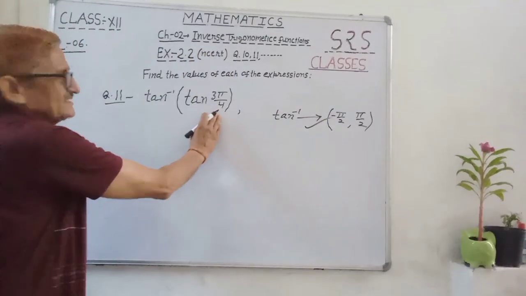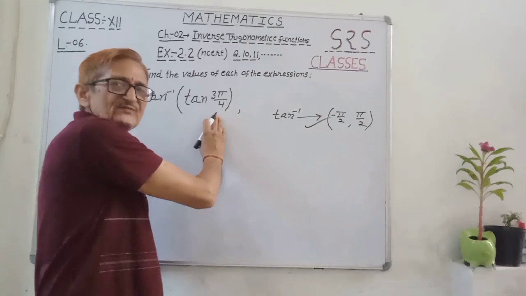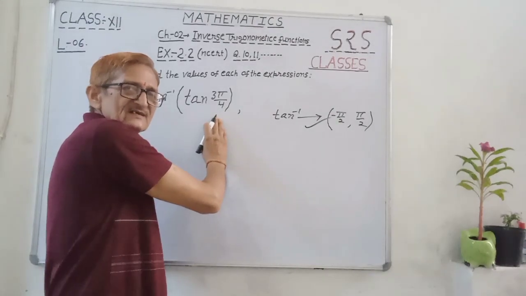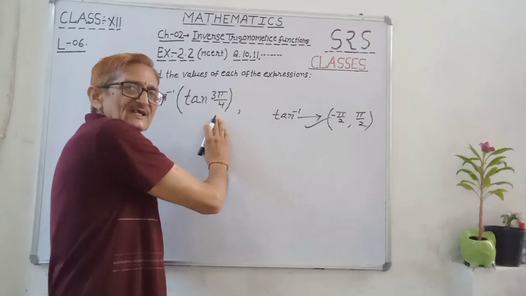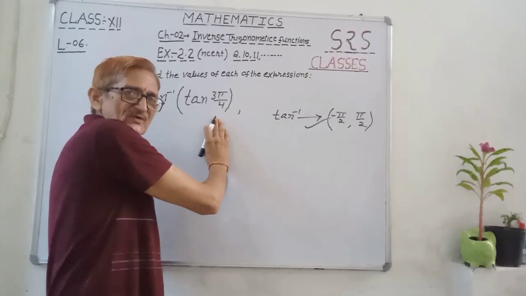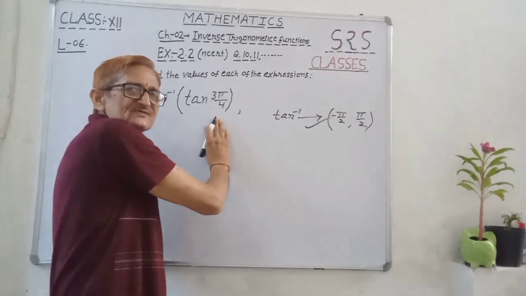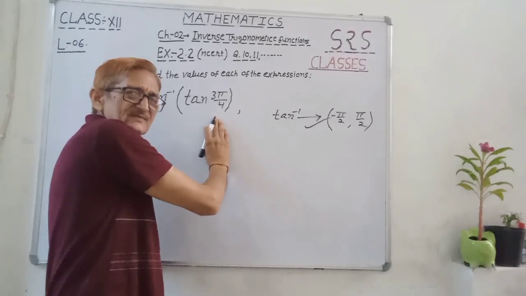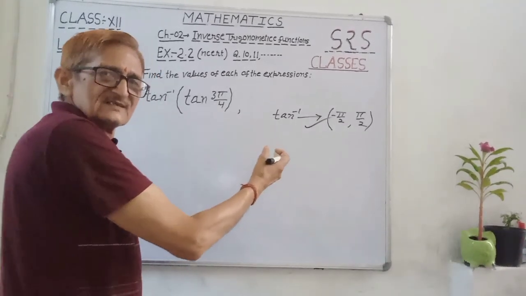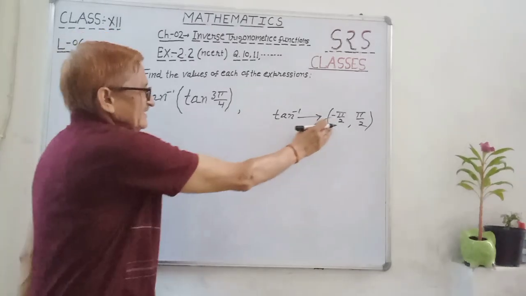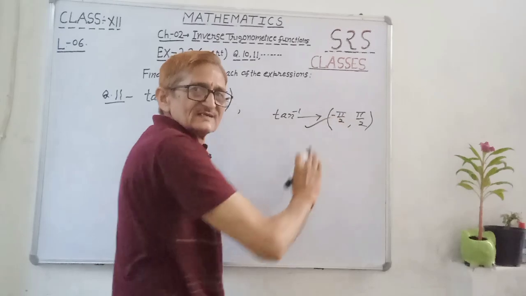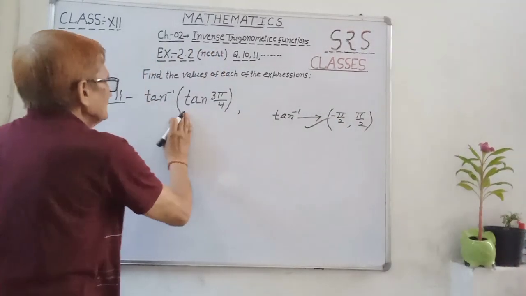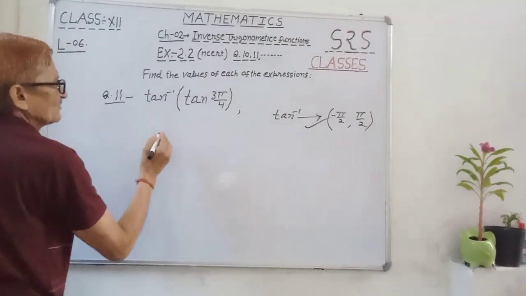So the answer must be in this branch, but 3 pi by 4 is pi minus pi by 4. It is in the second quadrant, and here we require the first and fourth quadrants. So we should simplify this by the formula.